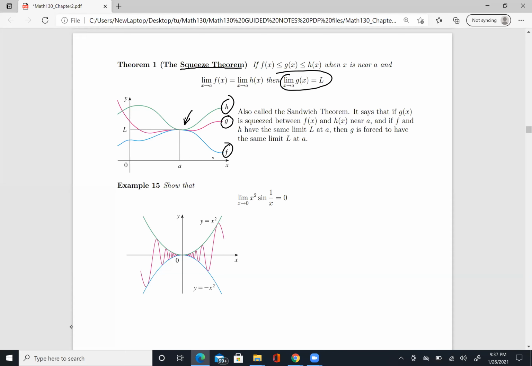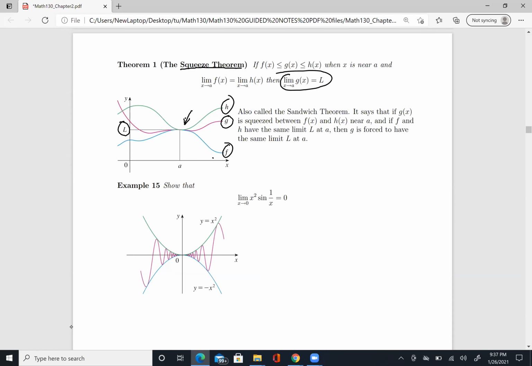So that's going to be equal to L, which also is the limit of g of x when x goes to a. Okay, so that is the squeeze theorem.